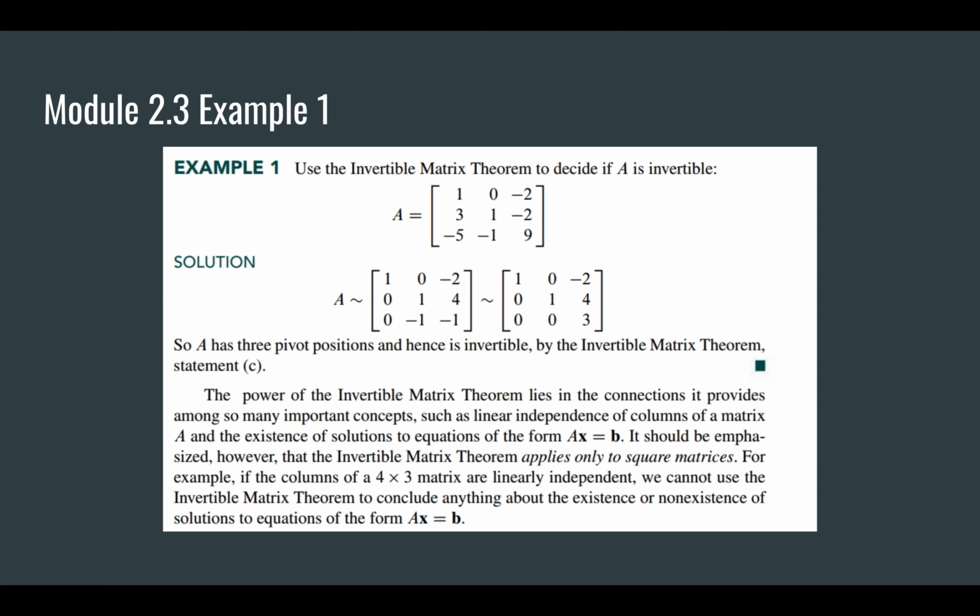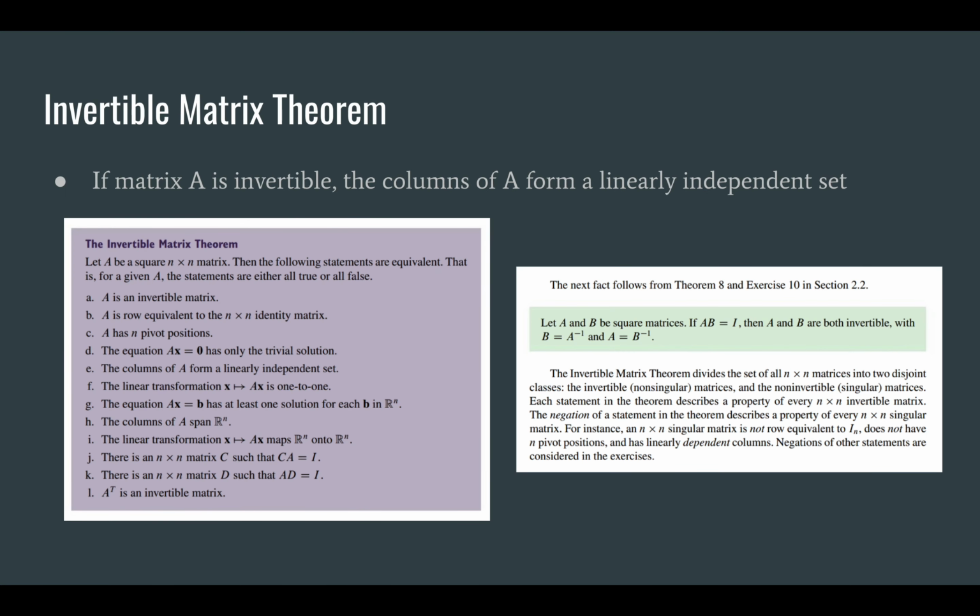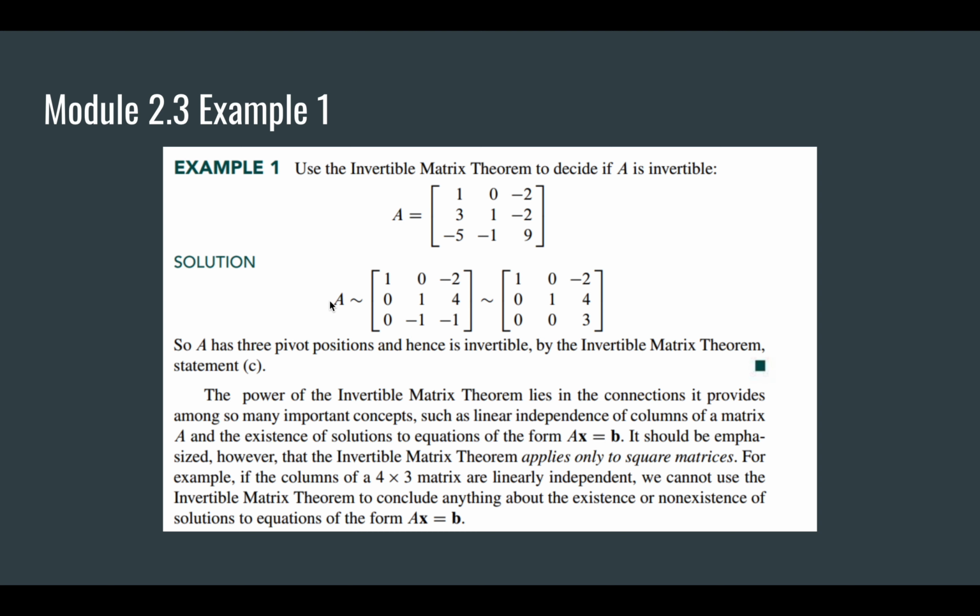So we can see that A has three pivots and therefore is invertible by the invertible matrix theorem, statement C, which is A has n pivot positions, n being, as we can see, let A be a square n by n matrix. So that would determine the size of the matrix. So we can see A is a 3 by 3 matrix, which has three pivots, and therefore satisfies statement C.